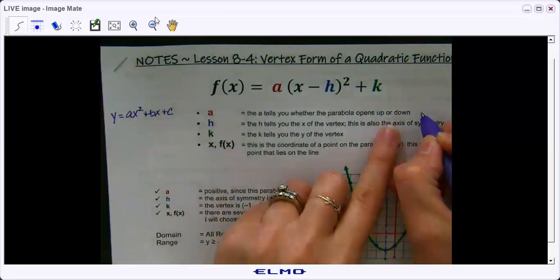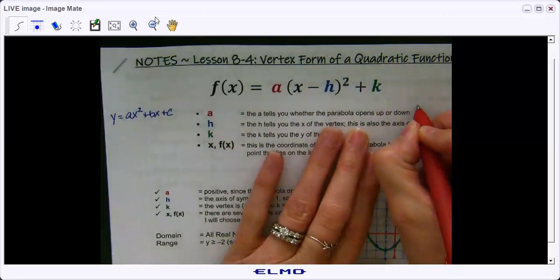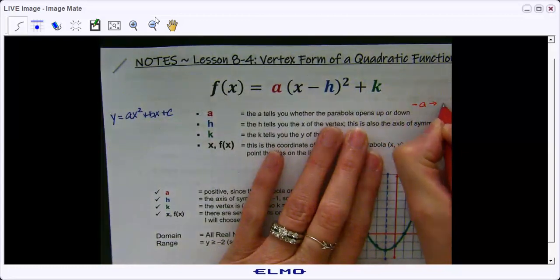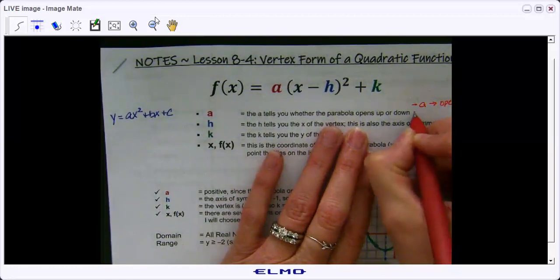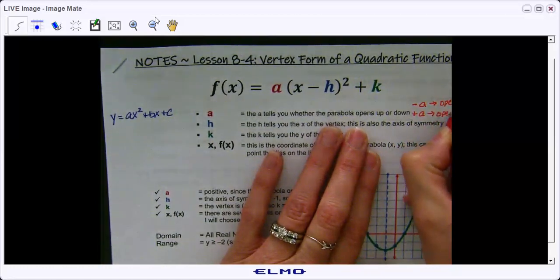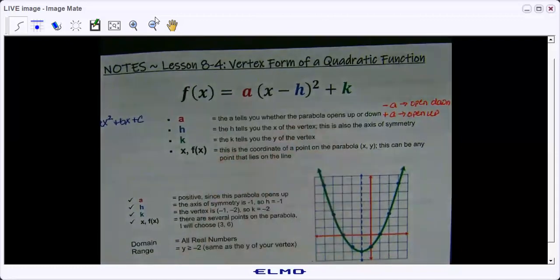Okay, so if you have a negative A, it will open down. A positive A opens up. Okay, so that is something that you can identify just by looking at whether the A is negative or positive.